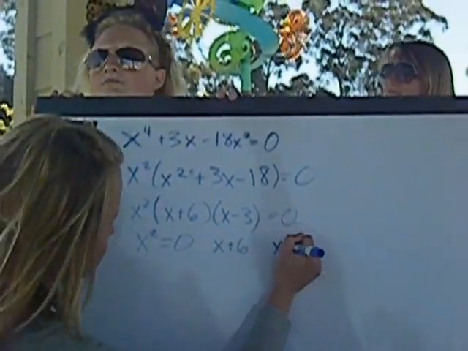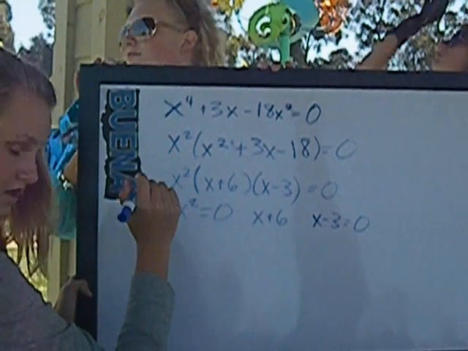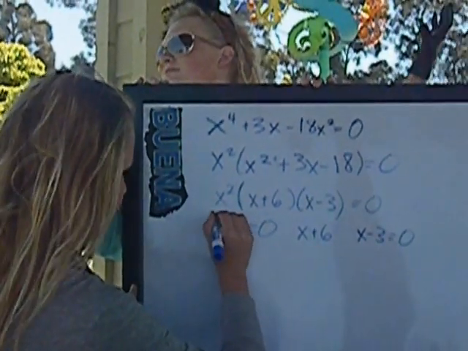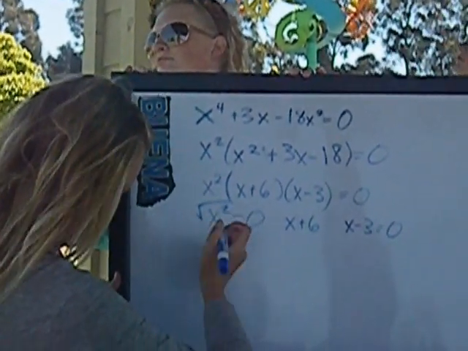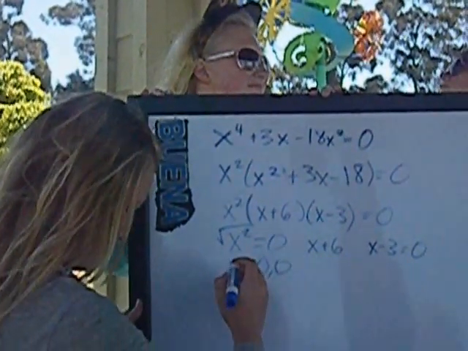So you have 3 equations. Now just solve. You take the square root of that. x equals 0, 0.